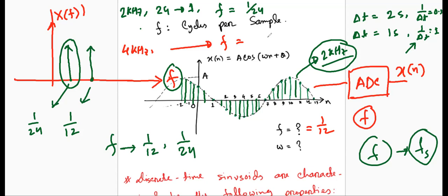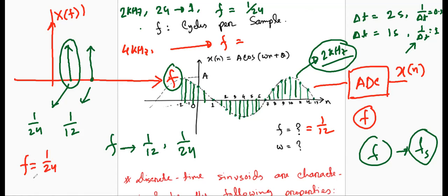Any other answer? Sir, it will remain the same because the spectrum doesn't vary with the frequency. So one of your friends said that F could be 1 by 24.